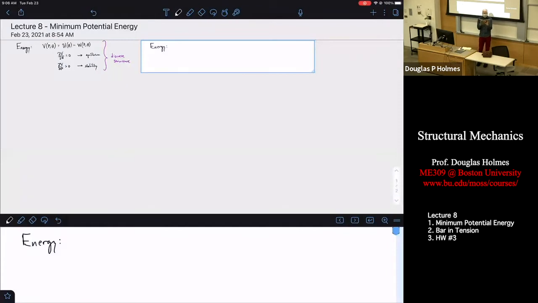The problem is our total potential energy depends on, let's say, a displacement vector, u. So let me define a displacement vector u, which we could think of as having components of u, v, and w. Typically the component u is used to reflect displacement in the x direction.